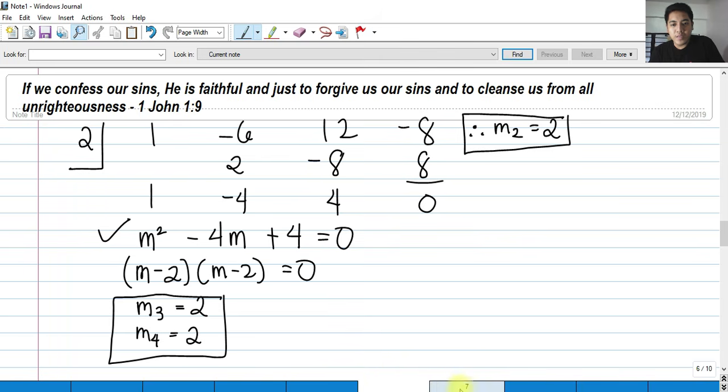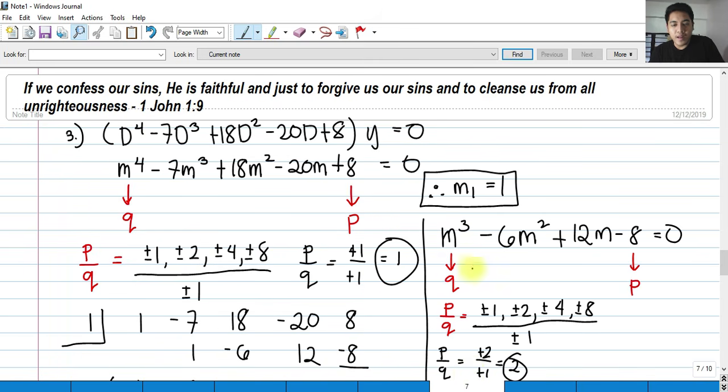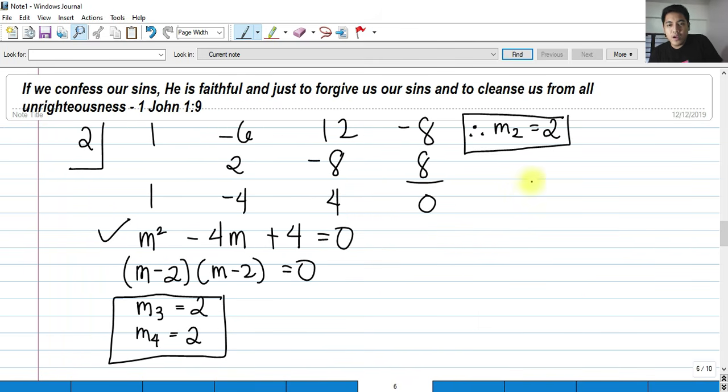So again, let me just rewrite our roots a while ago. m sub 1 is equal to 1. So how do we write this? As you can see here, we have a distinct linear root. So we have distinct 1 and 2. So how are we going to write this?